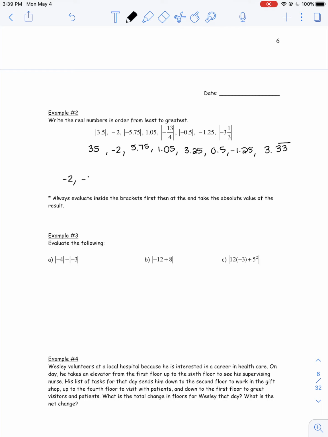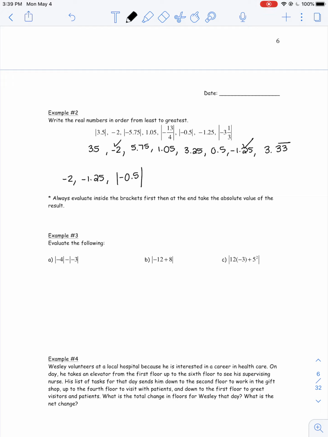Our smallest value is -2. Then we have -1.25. Our next smallest value is 0.5, which is the absolute of -0.5.